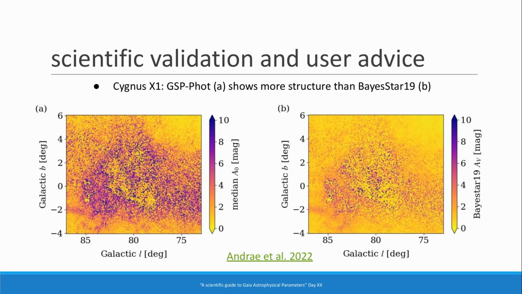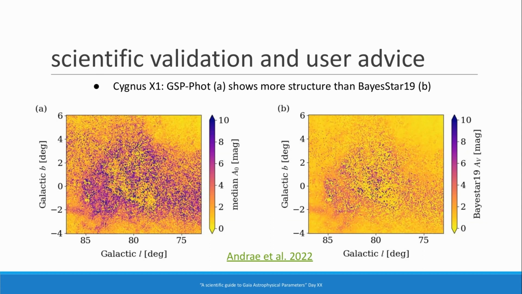This is to some extent, as I mentioned before, the temperature-extinction degeneracy. So GSPPhot extinctions can be spuriously high. But there's also another issue here, the way that Bayestar19 works. Bayestar19 averages the extinction over space.